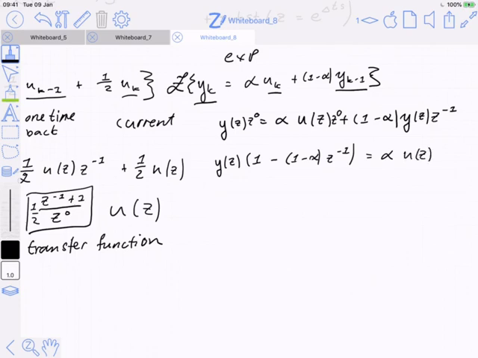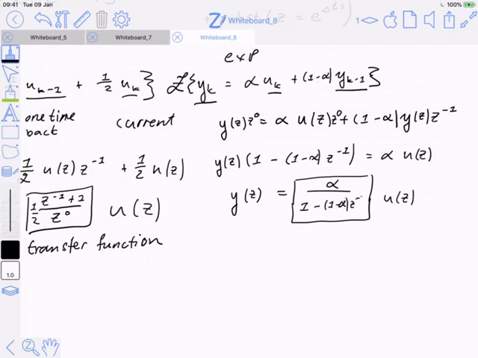Right? So I've just simplified. I've made the z to the 0s 1s, and I've collected terms. And again, we can now say that that coefficient, if we want the transfer function, we're going to end up with y of z is equal to some transfer function times u of z. And that transfer function happens to be alpha over 1 minus (1 minus alpha) times z to the minus 1.